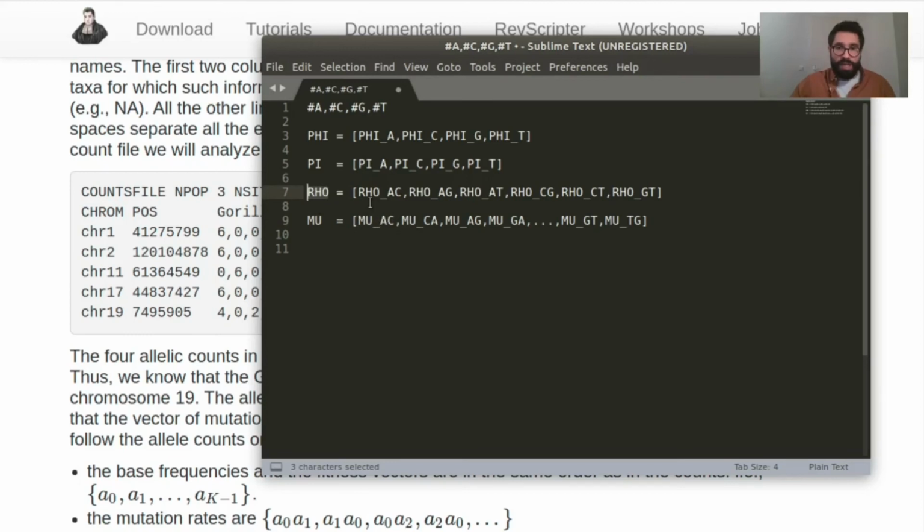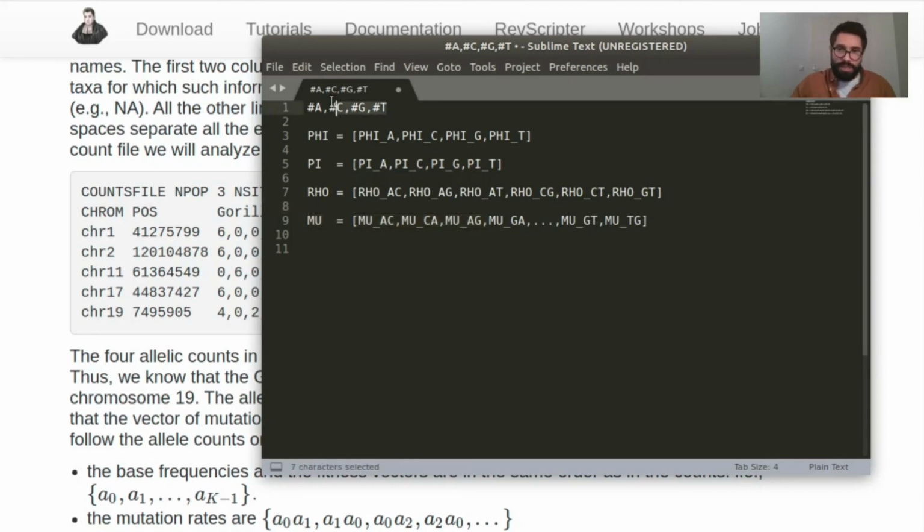For example, the first one, we consider the mutation rate from A to C, so the first allele with the second, but then we have to immediately represent the C to A. So at the second position, I have the back mutation. Again, I use the mutation rate from A to G, so the second combination, and the back mutation, and so on and so on. Of course, the two last positions in the mutation rates vector will be the mutation rates from G to T, and then from T to G.